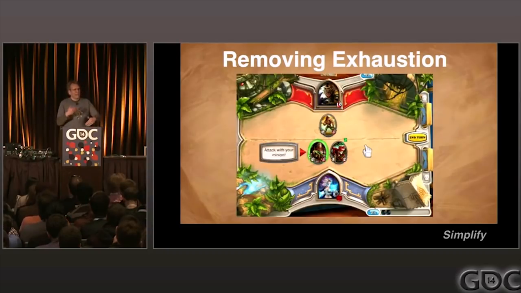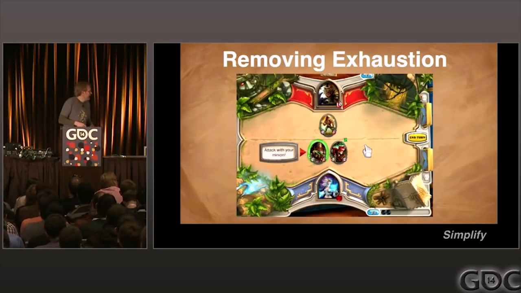We didn't really like the fact that it was a response on the enemy's turn. And then I think it was a long time ago, but I think it was actually a bug where the taunt actually stayed up permanently. And we played it for a little bit like that, and we liked it, and we thought, hey, this is great. Let's get rid of a defensive creature having to tap or exhaust or whatever to stop an attack.